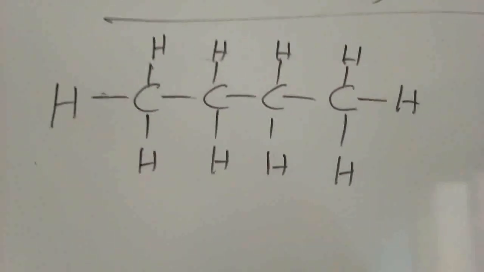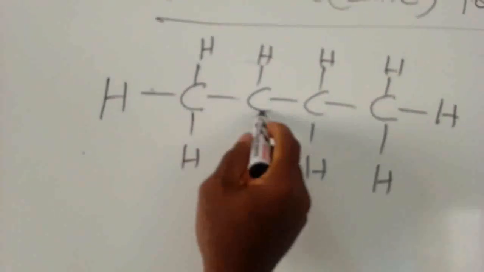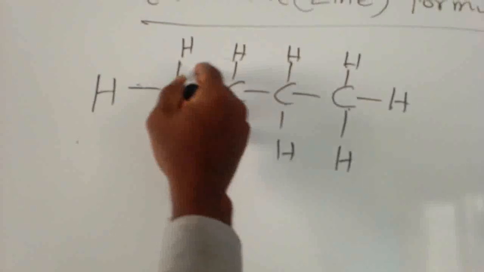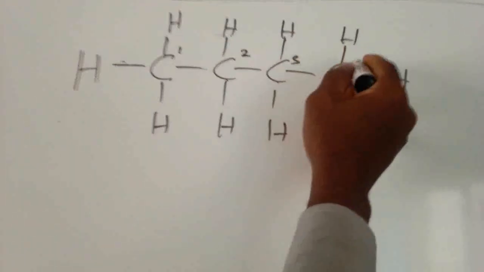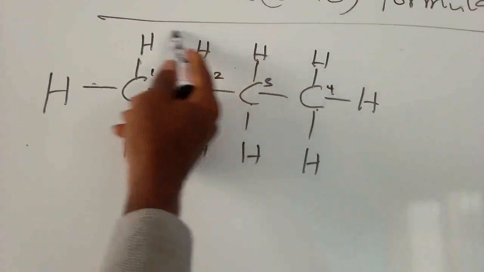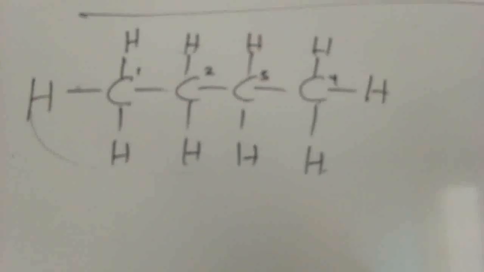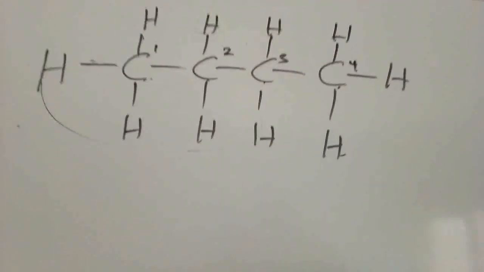For us to draw the skeletal formula of butane, we'll look at how many carbon atoms we have here. They're all in a straight line. 1, 2, 3, 4. Then around these carbons, is there any other substituent? No, we only have hydrogen atoms around. So for the skeletal formula of butane, we draw lines connecting the 4 carbon atoms.